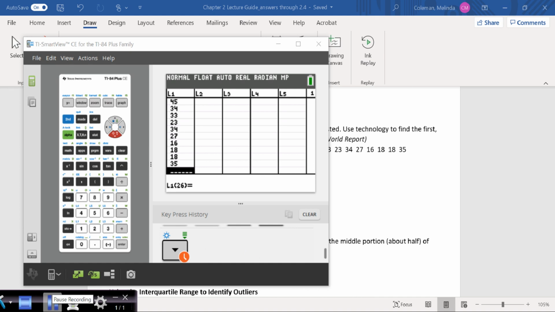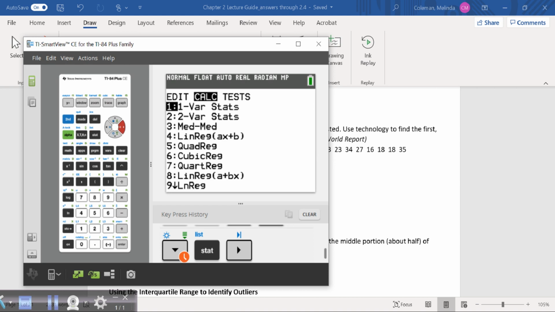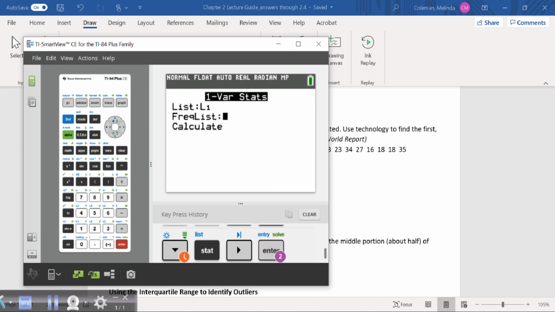All right, so I now have all 25 pieces of data entered into the calculator. Again, list 1 on 26 tells me that 26th piece of data is blank. So there are indeed the 25 pieces of data. If I now go back to the stat edit button, one variable statistics. Again, as long as I'm in list 1, I don't have to change anything.